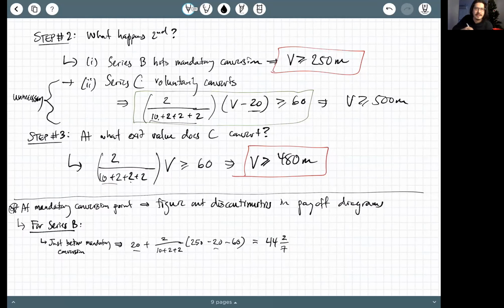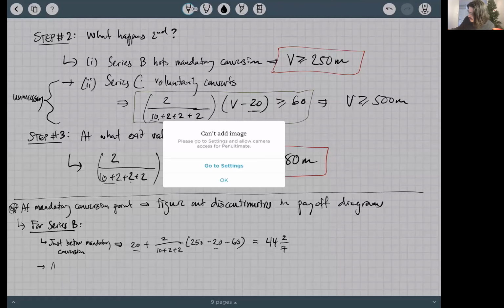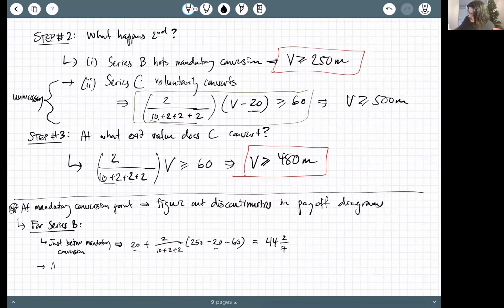If you just do the arithmetic here. Meanwhile, what would be the payoff to Series B at mandatory conversion? Exactly at mandatory conversion, now Series B does not receive their $20 million. So this disappears and they just own 2 out of 14 of the company.